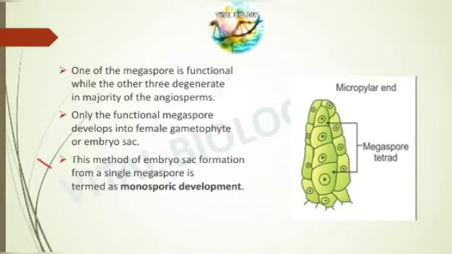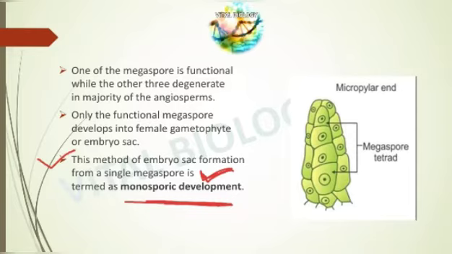The next point tells that this method of embryo sac formation from a single megaspore, as I told you, with the other three degenerating, is termed monosporic development. If the embryo sac is formed from more than one megaspore, it is called multisporic development.